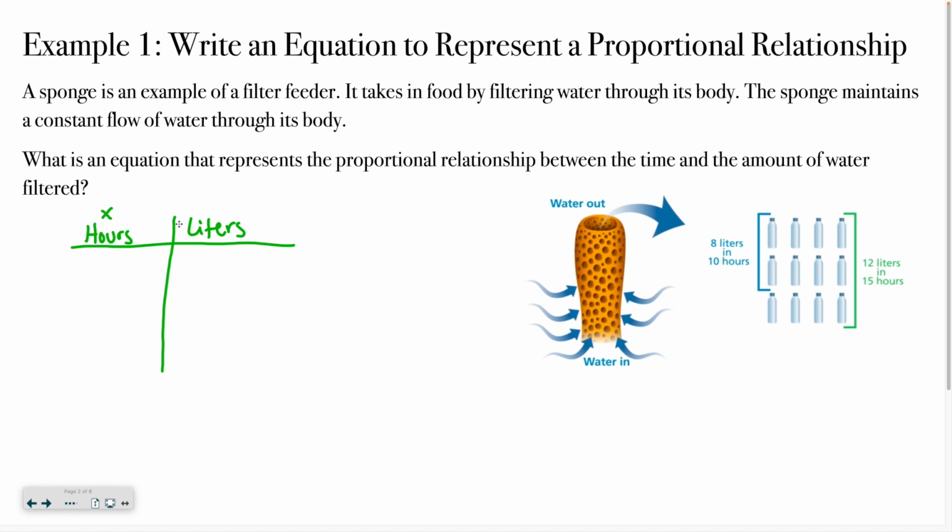I'm going to call hours my x value, liters my y value. Here's a little tip from math, and this goes for almost any and every math class. I actually cannot think of an example off the top of my head where this does not apply. That's how common and frequent it is.